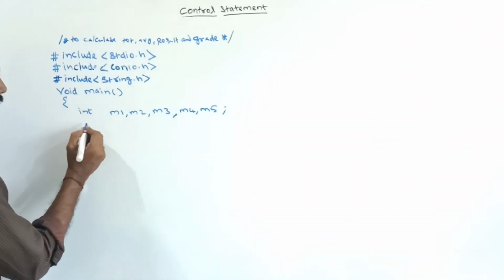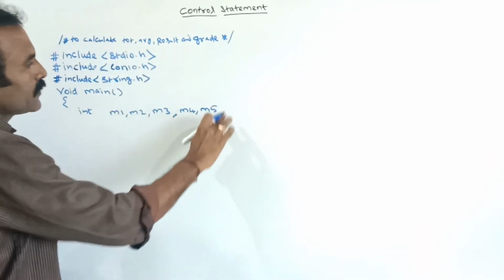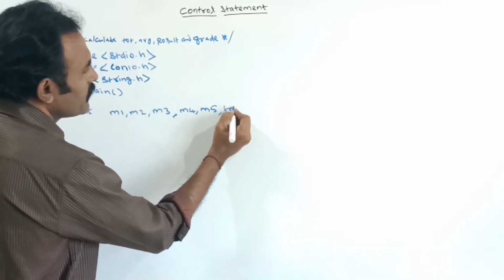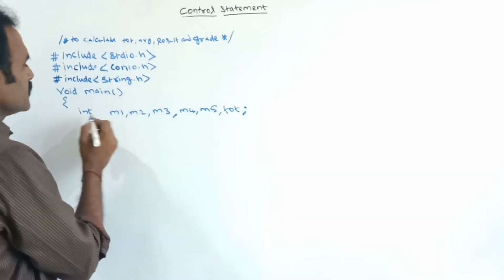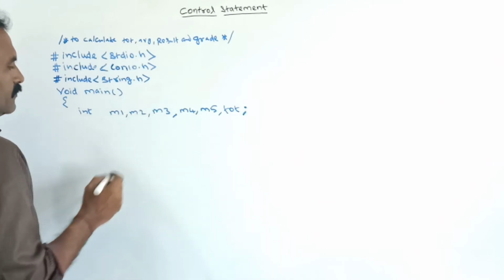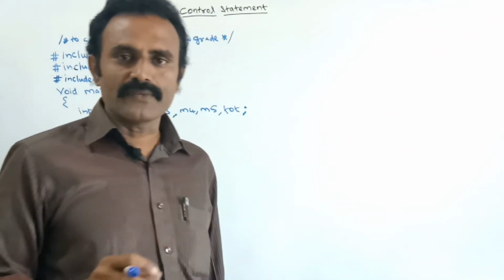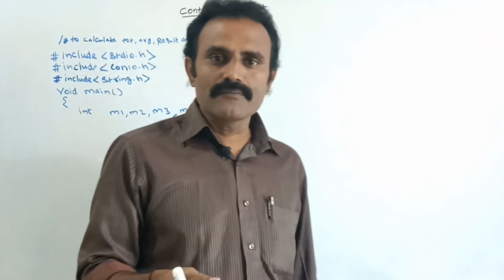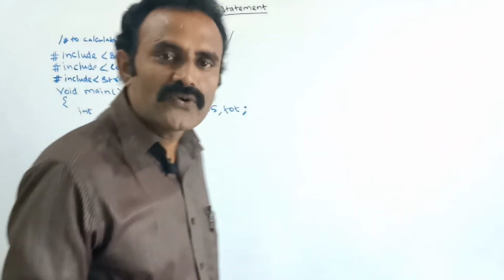Next I need to find the total. The total we can give here, because every subject mark we should add. This is an integer data type. Next we need to find the average of the subject marks. The average mark will come as a fractional value, so here we should use the float data type.